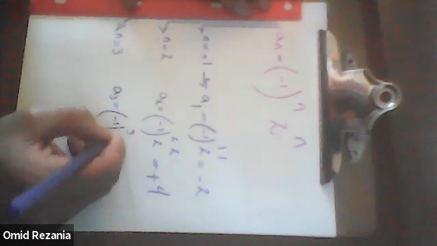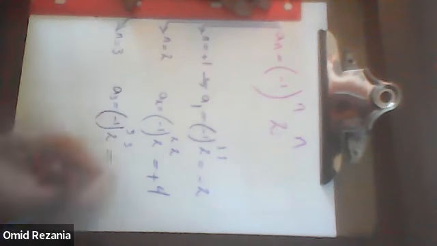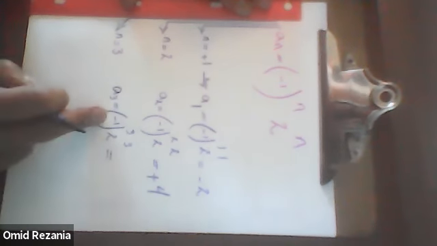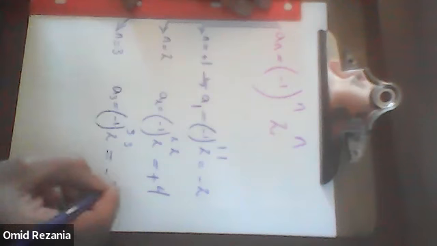How about n equal to 3? We have a3, which equals -1 to the power 3, 2 to the power 3. -1 to the power 3 becomes -1, 2 to the power 3 becomes 8, so it becomes -8. Correct?